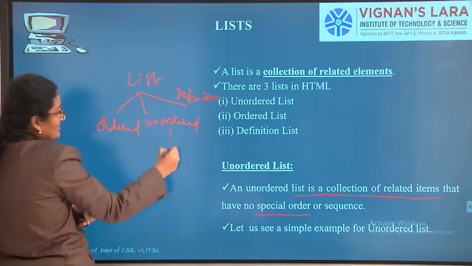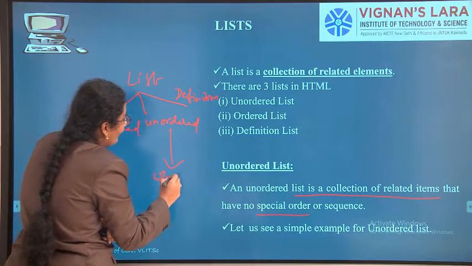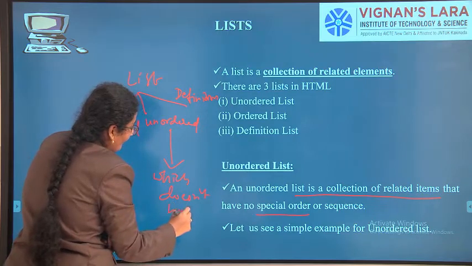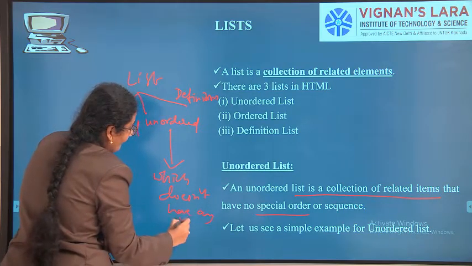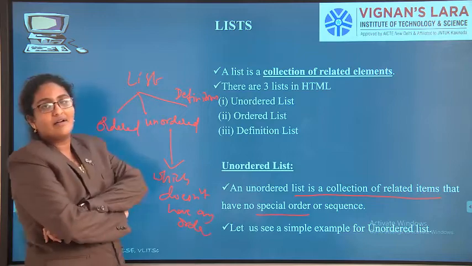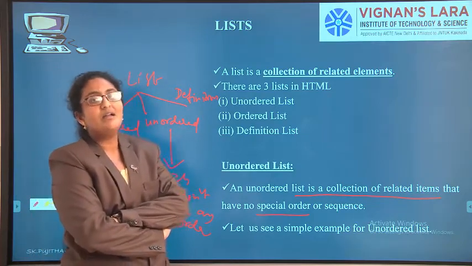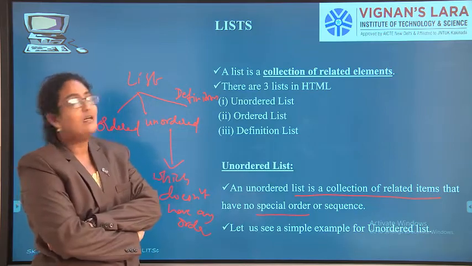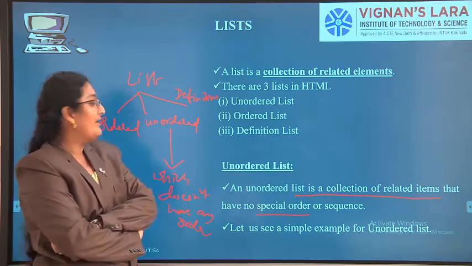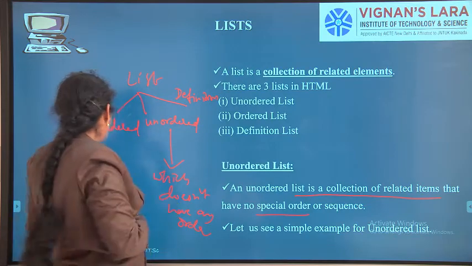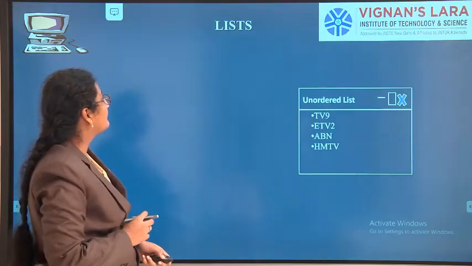In that first one is unordered, which does not have any order. So our next topic is list. Lists are divided into 3 types: ordered, unordered and definition. Unordered list is nothing but a collection of related elements which doesn't have any order.